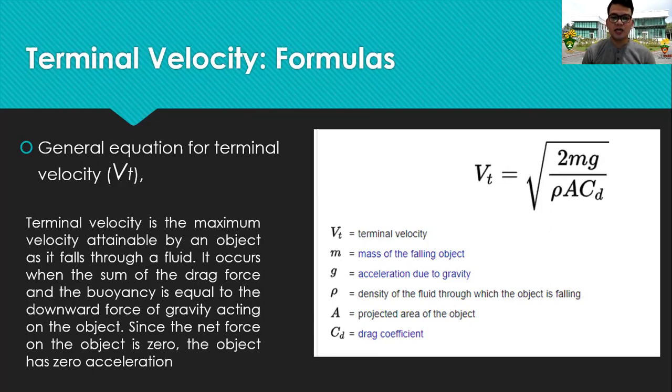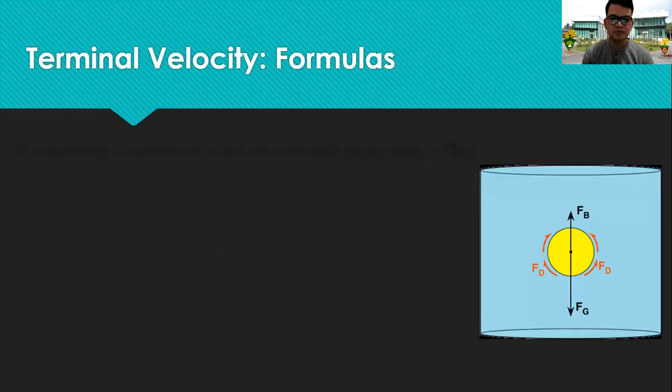Again, the terminal velocity of the product is a factor of its head loss through the area of that particular product, and then the coefficient of drag, or drag coefficient. That's the thing you need to remember.